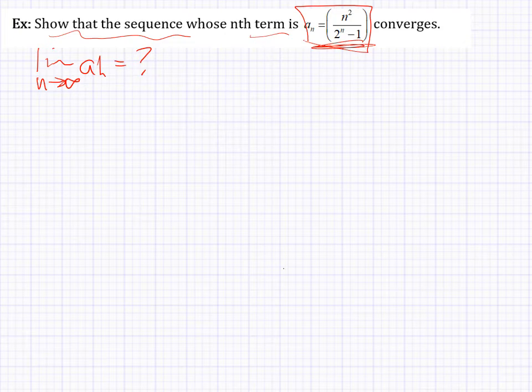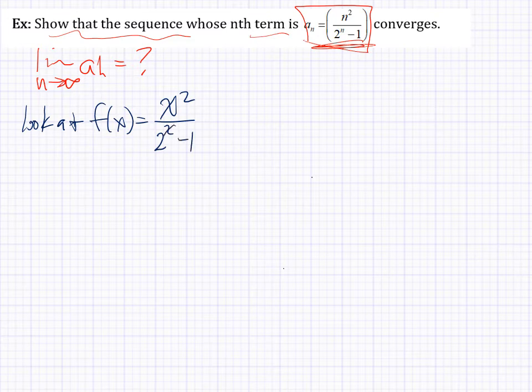Well, let's look at the function. F of x equals n squared, or x squared, that's a function of x, so the variable should be x, squared over 2 to the x minus 1. What do we know?